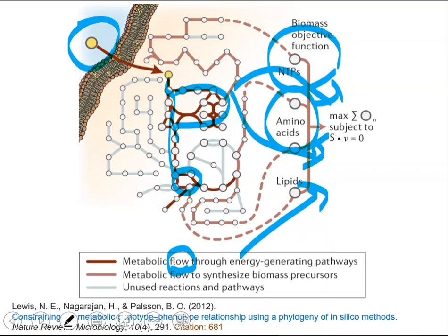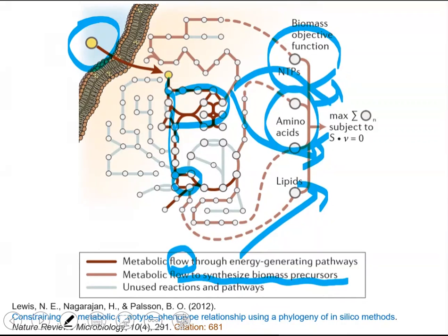We tell that all the glucose must go to these macromolecules within the allowed constraints. So we maximize the flow to synthesize biomass precursors and also building blocks and also macromolecules.